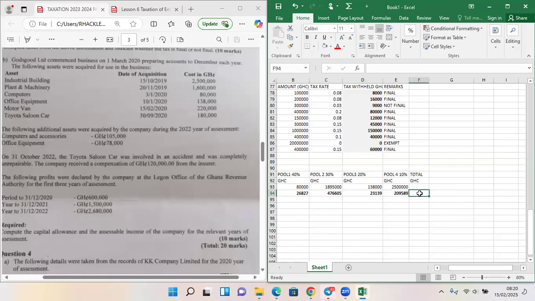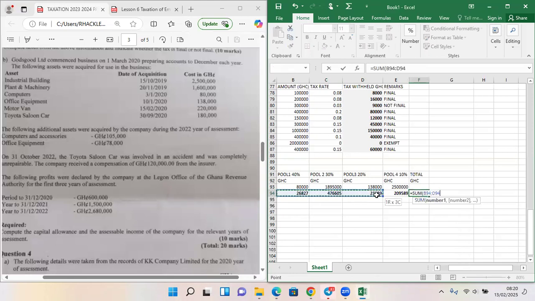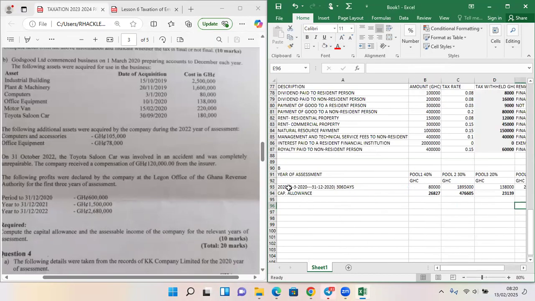Now our total capital allowance for the year will be equal to the total here. Now the written down value.